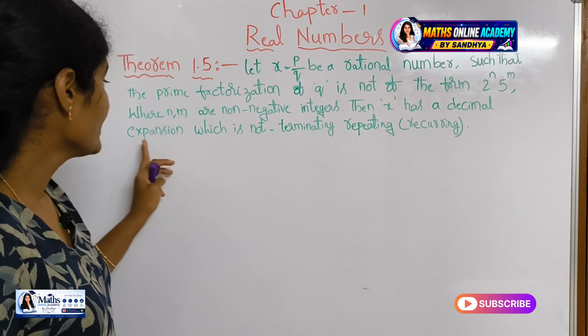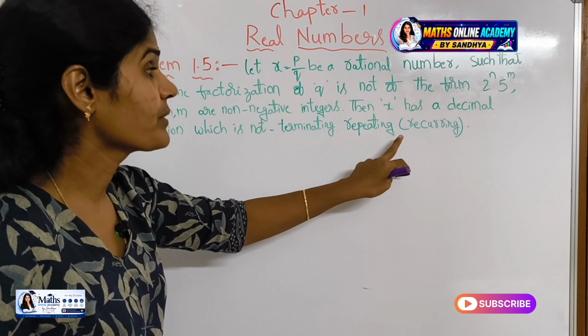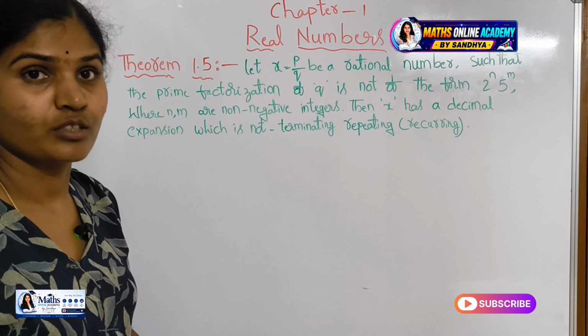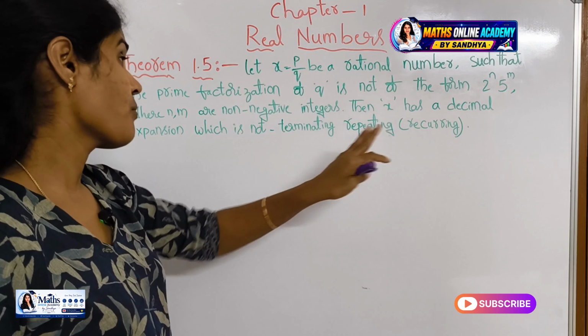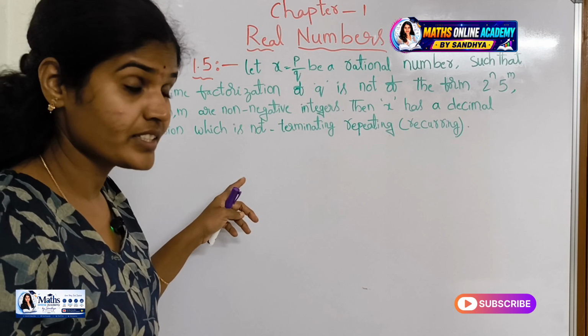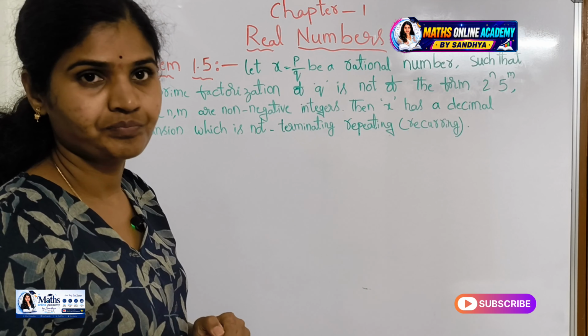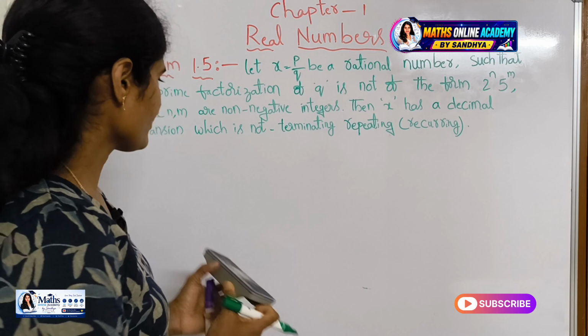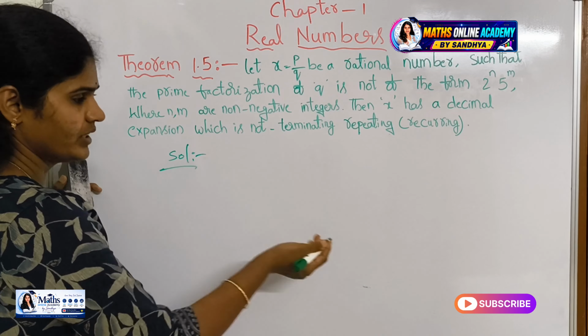Then x has a decimal expansion which is non-terminating, repeating or recurring. So for that, let's see one example.